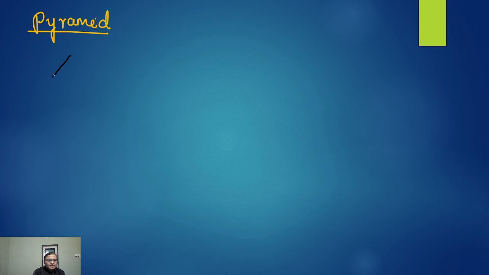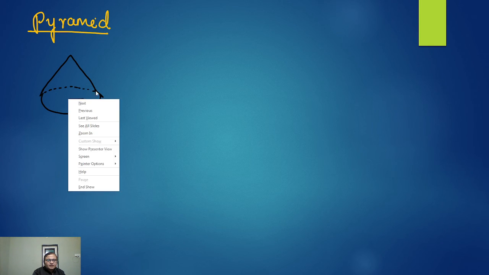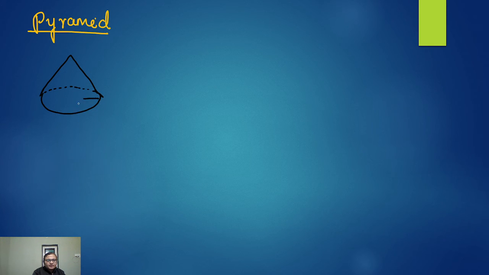For this circle we have radius r, and perpendicular to this is the height h, and this is L. This is perpendicular, 90 degrees.